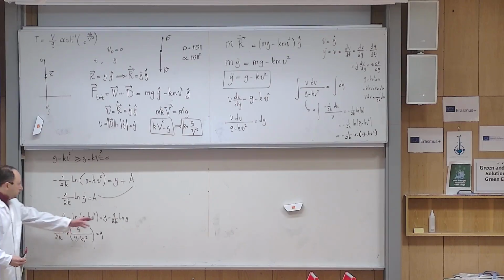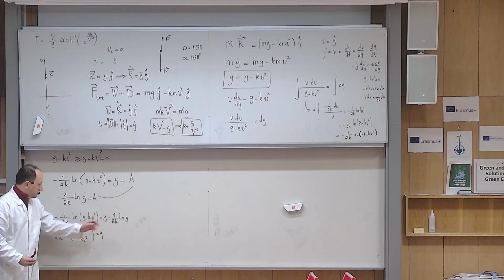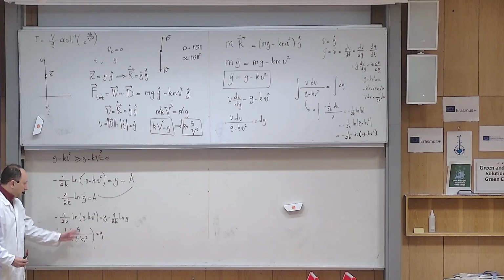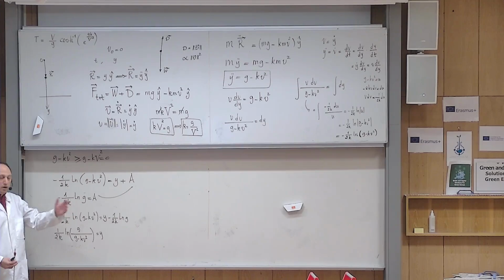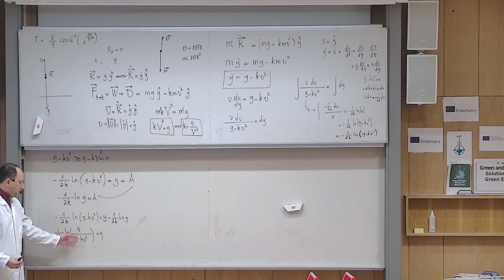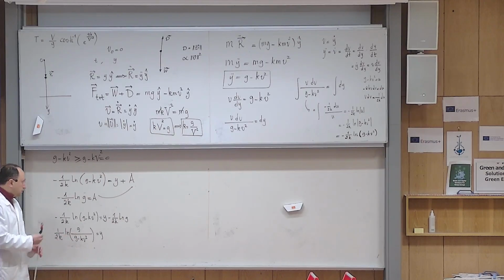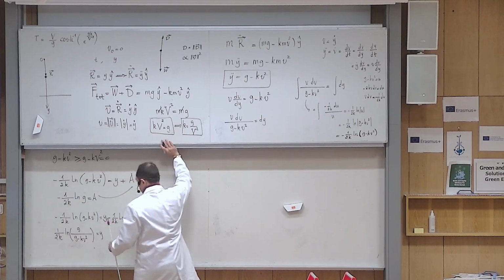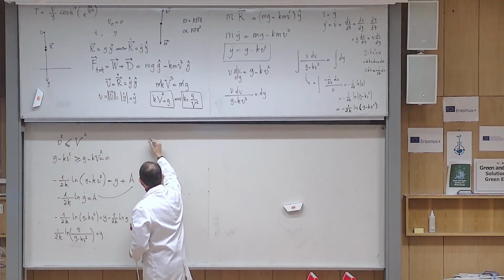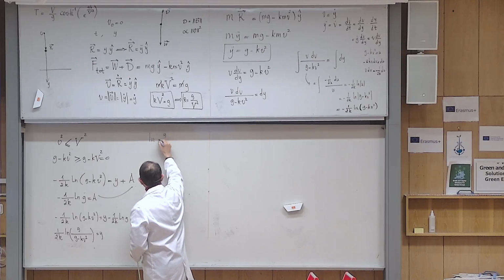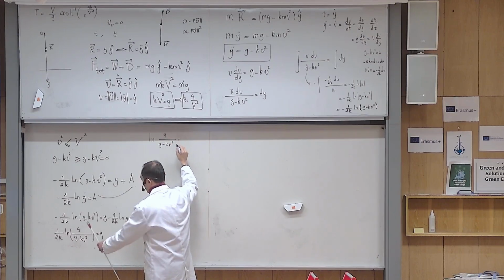So I move this to the left, it becomes positive, then I factor 1 over 2k out, it becomes ln of g minus this ln. But ln of g minus this ln becomes ln of the division. And then I multiply everything by 2k. So this becomes ln of g over g minus kv squared is equal to 2ky.